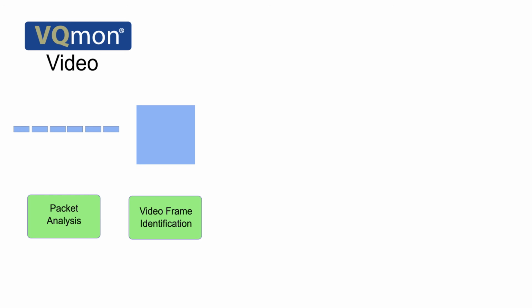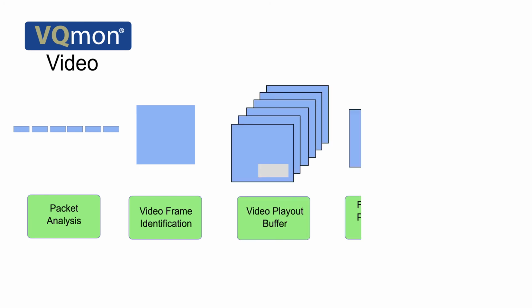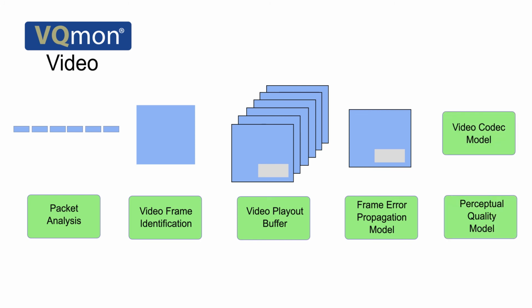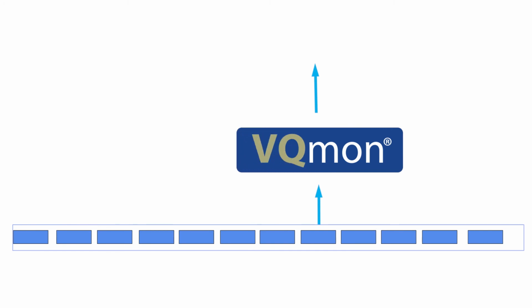By grouping incoming packets into video frames, emulating the decoder's video playout buffer, and modeling the propagation of video frame errors, VQmon is able to estimate the perceived quality of the decoded video. VQmon provides an API that can be used to retrieve metrics for an active call or session at any time. Metrics are available for the interval since metrics were last read, and for the entire session.